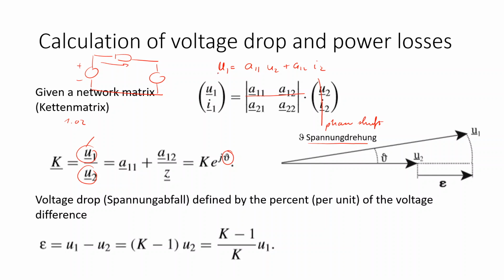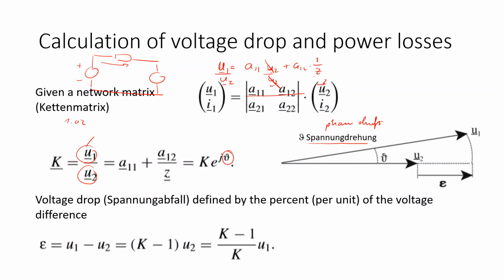If you want to find U1 divided by U2, in German it's called Durch, you divide by U2 on both sides of the equation. So U2 and U2 just cancel. This is I2 divided by U2, which is the reciprocal of Z. So you can write this in terms of 1 over C.